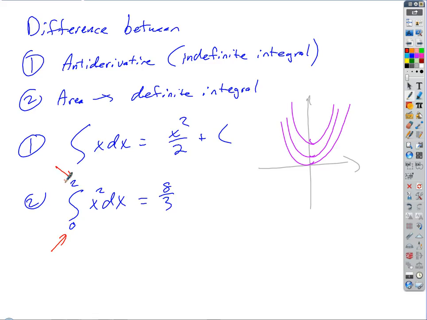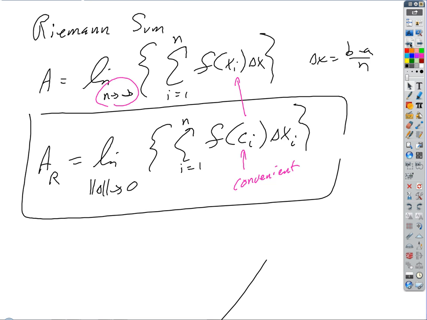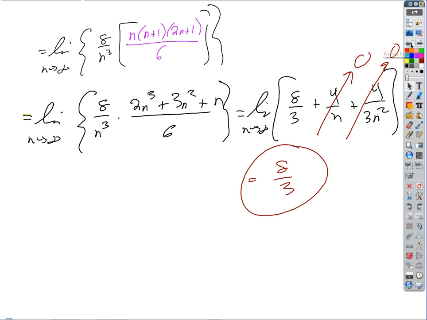That's what we did, isn't it? We added up the area under the curve x squared from 0 to 2. Yesterday, you're right, but remember when we go back, we'll connect the dots here.